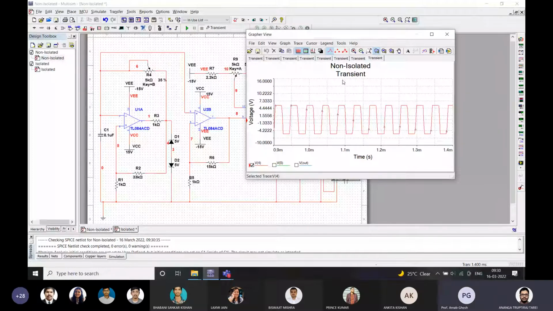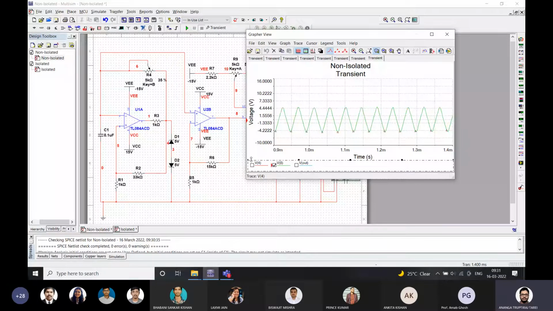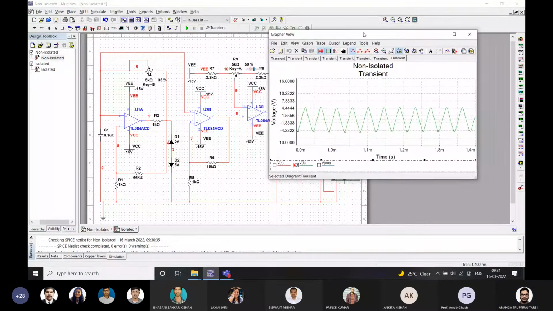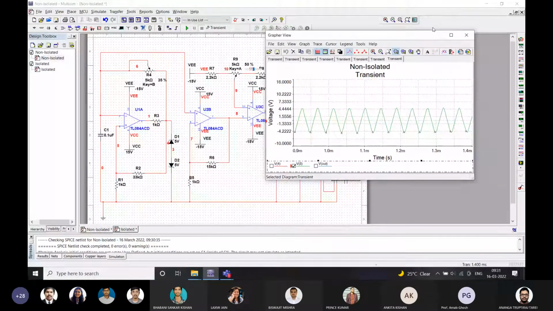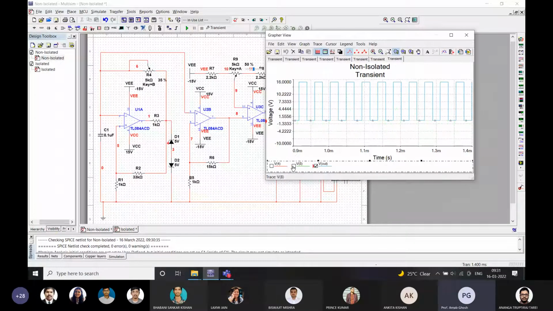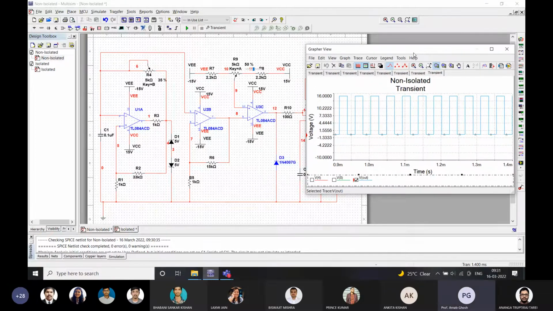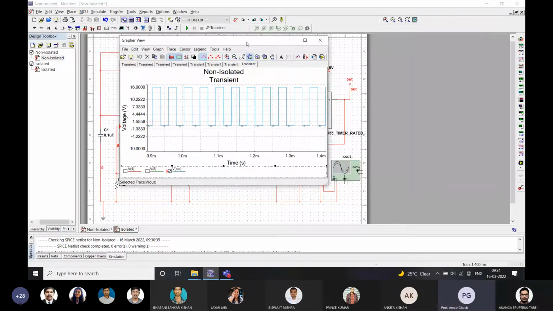This is the output of the first op amp. Okay. This is the second op amp output. Okay, good. This is for non-isolated, am I right? Yes, sir. Okay. Now show me the isolated one.